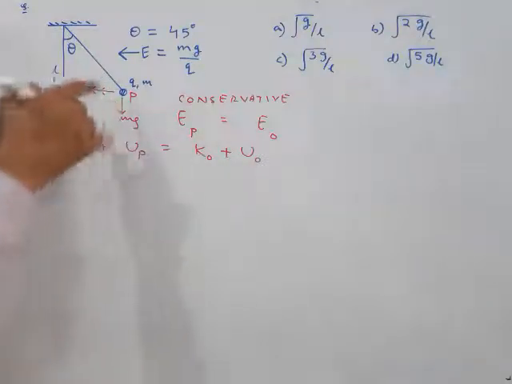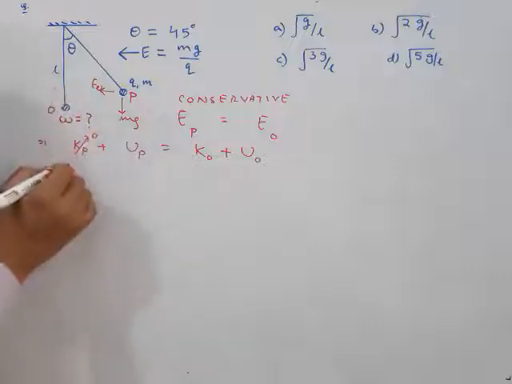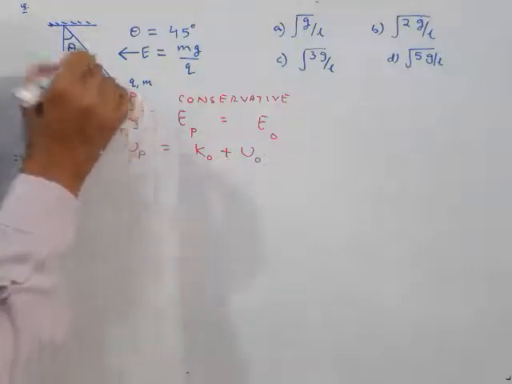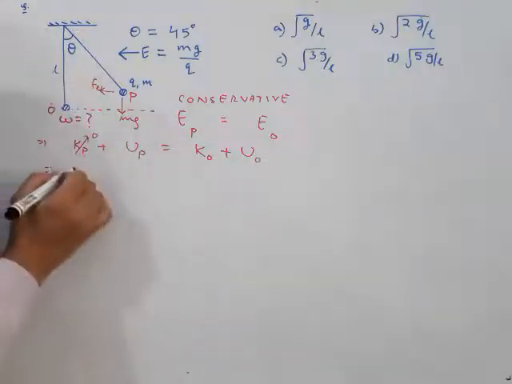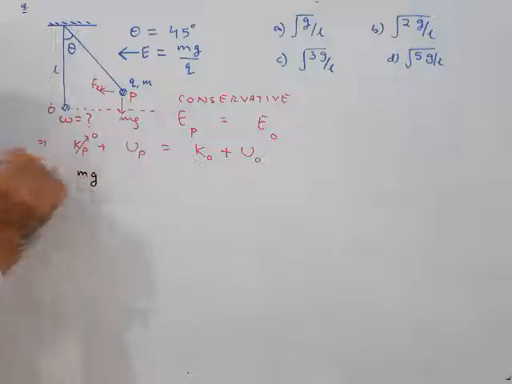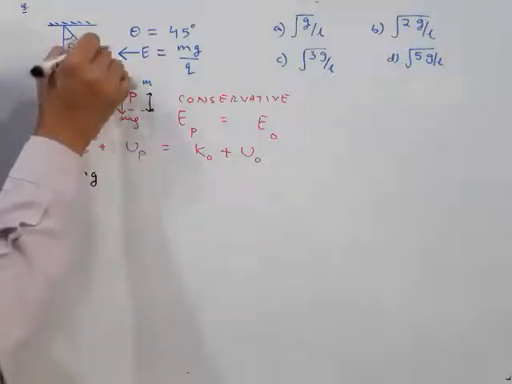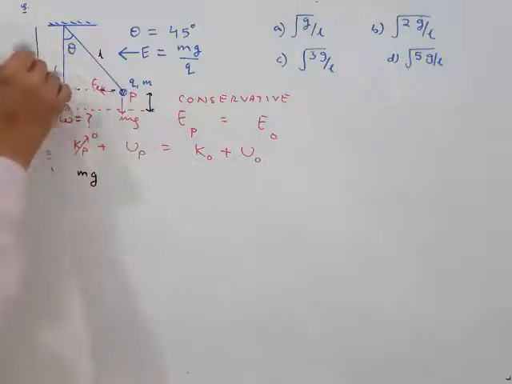Now potential energy at P, there are two conservative forces. One is gravitational potential energy, the other one is electrostatic potential energy. Gravitational potential energy here at this point I can write like this, is given by mgh. m is its mass, g is acceleration due to gravity, and h is this height. Now if you see, this is L, so this particular length and this particular length you can find easily.